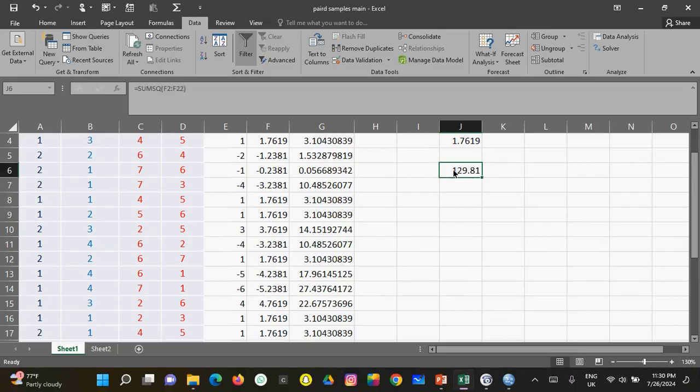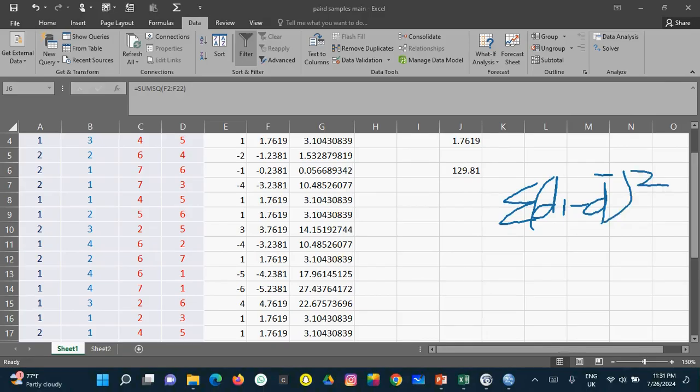It has solved it for me: 129.81. So this 129.81 is the summation of (di minus d bar) squared, what we had at the top of the numerator.